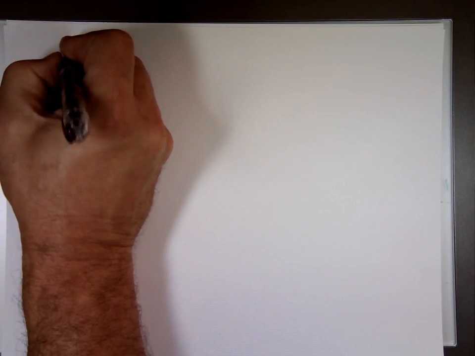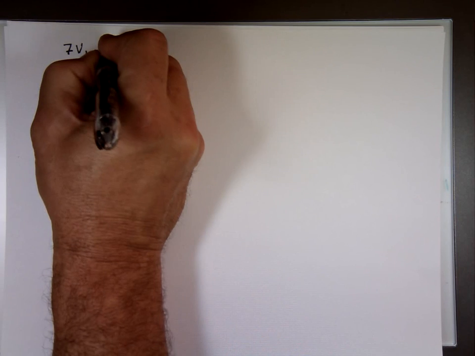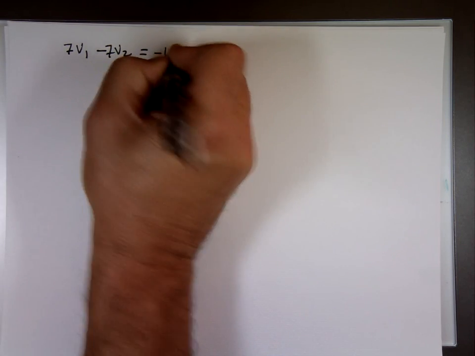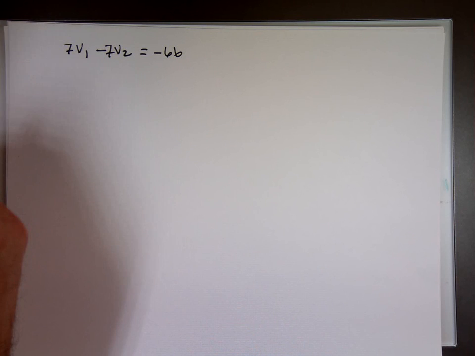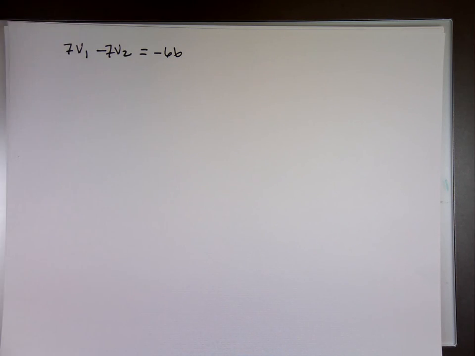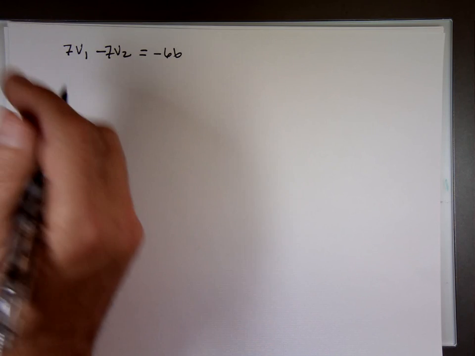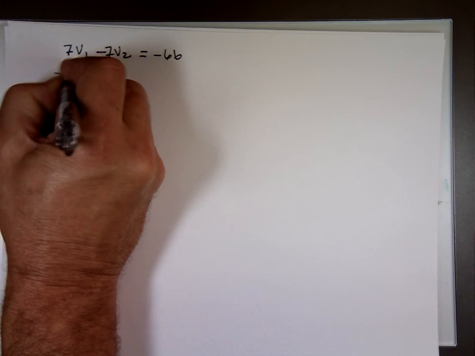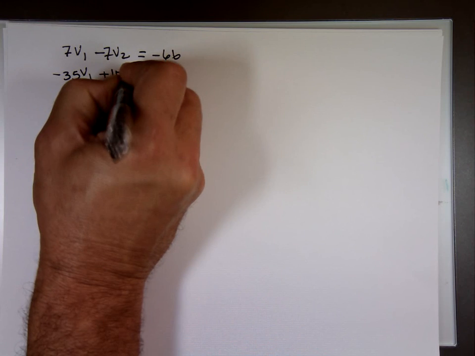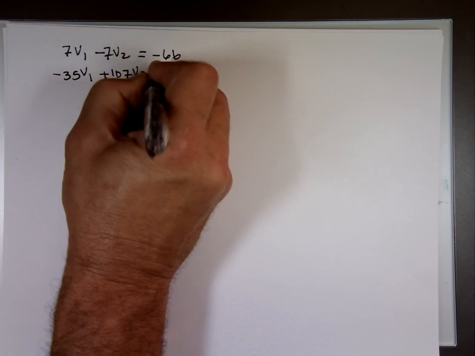So let's look at the 2 equations. The top equation says 7V1 minus 7V2 equals negative 66. The other equation says what? Negative 35V1 plus 107 V2 equals 1085.